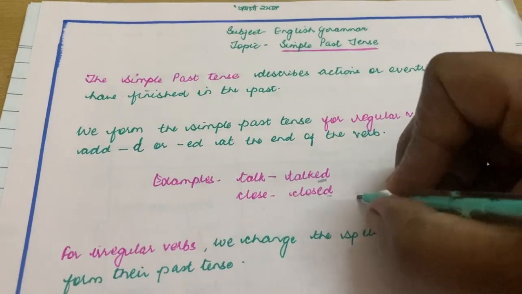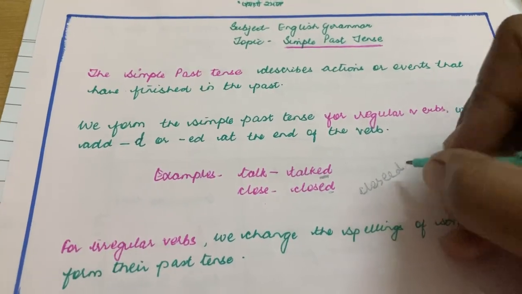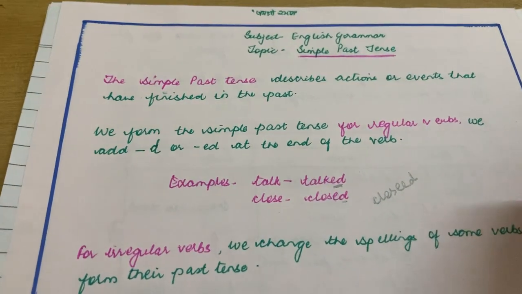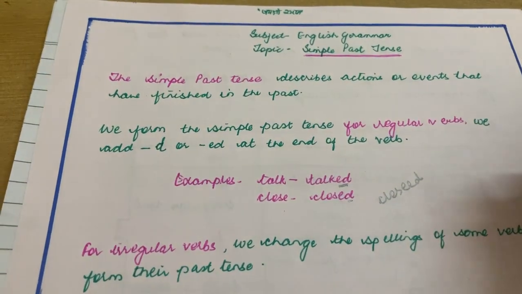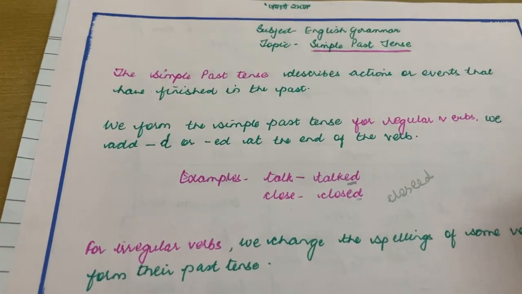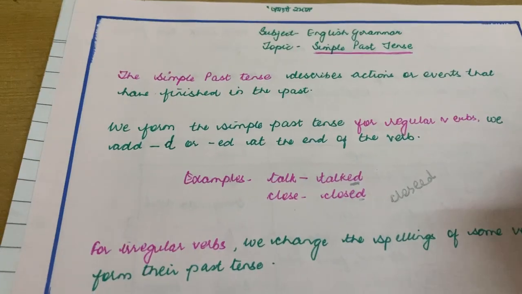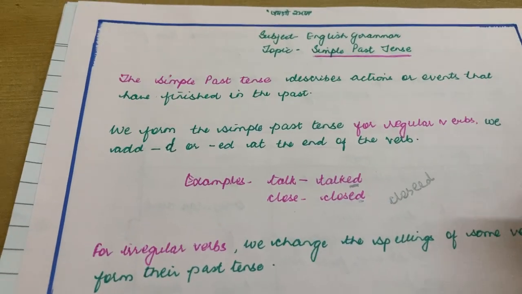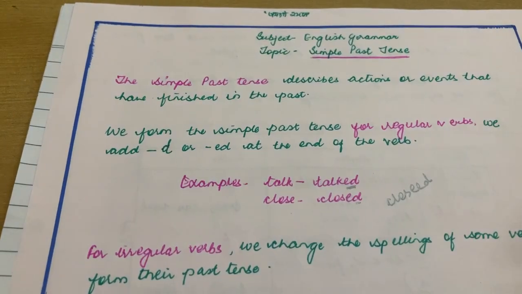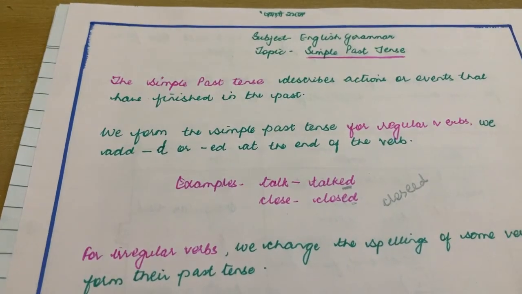So it cannot be clossed. Any word, any action that already has an e at the end, we will only add d. But any action verb that does not have e at the end, we will add ed to make it the simple past form.